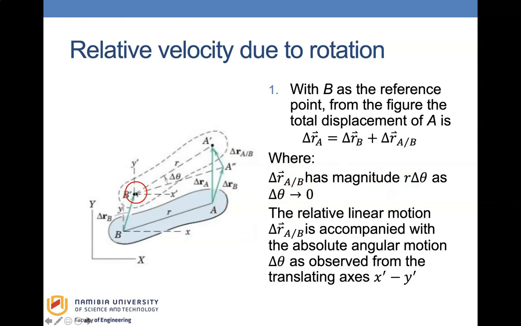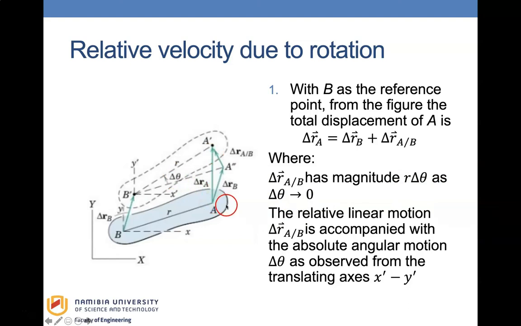You can see that B was fixed and A double prime moved through the distance R A with respect to B, which is this distance R, and it goes through an angle del theta, so this magnitude will be R del theta, as del theta tends to 0, which means the angle of movement is small.